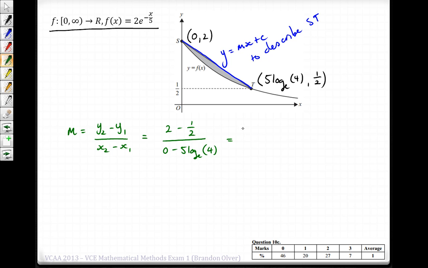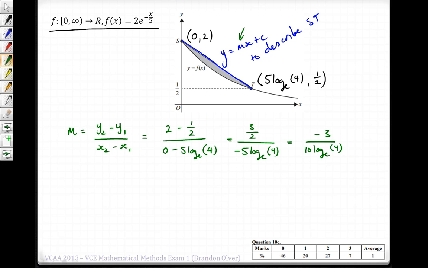So that's going to give me 2 take a half, leaves me with 3 on 2 over 5 log e of 4, which if I clean it up a little bit further, sorry, that's a minus 5 log e of 4, just rechecking over my work. I'm going to get minus 3 on 10 log e of 4 as my gradient. So that's the gradient of the line up here.